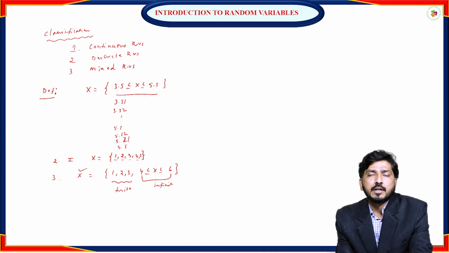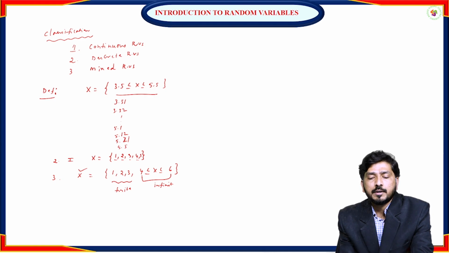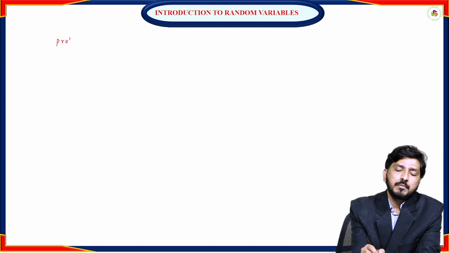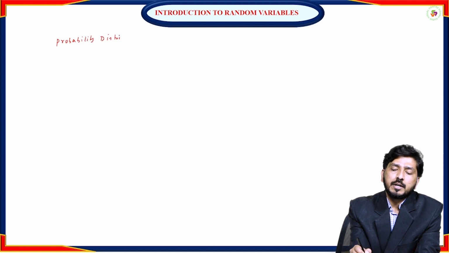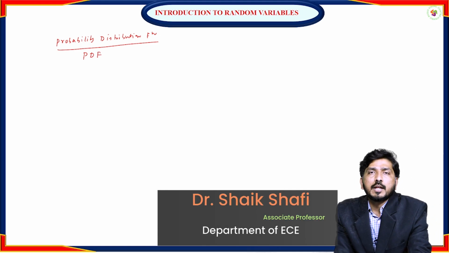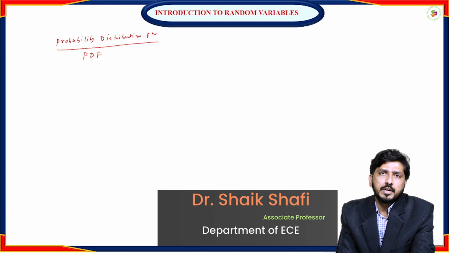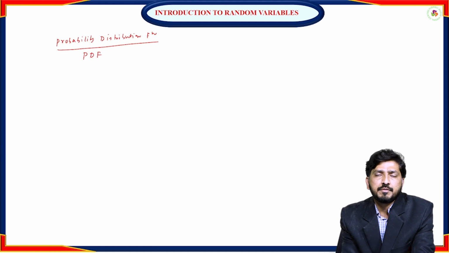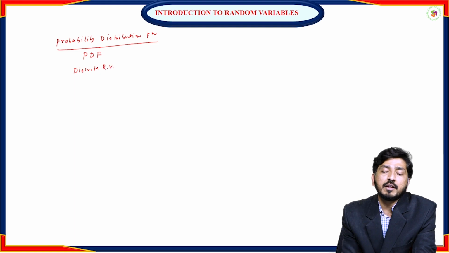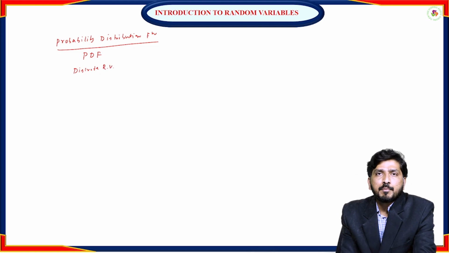Now after classification, we have the probability distribution function, shortly known as PDF. The question arises: why are we going for the probability distribution function? We have seen the different classifications of random variables. For the discrete random variable, to know its behavior, we go for the probability distribution function.